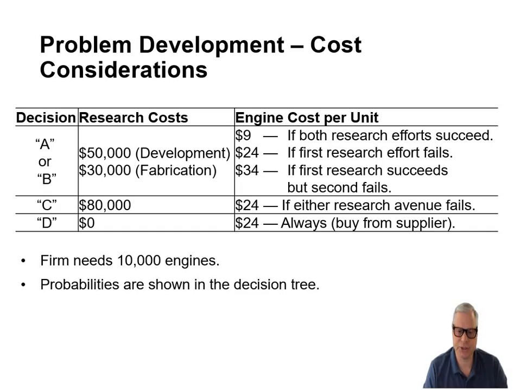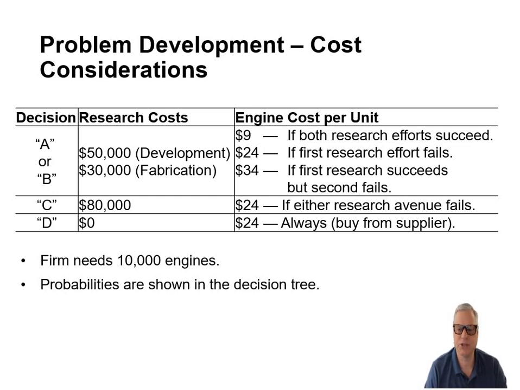And for decision C, that was the case when the company simultaneously does research on development and fabrication. Again, if that is successful, then they can produce the engine at a cost of 9.